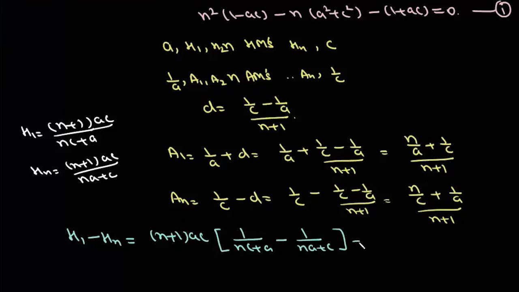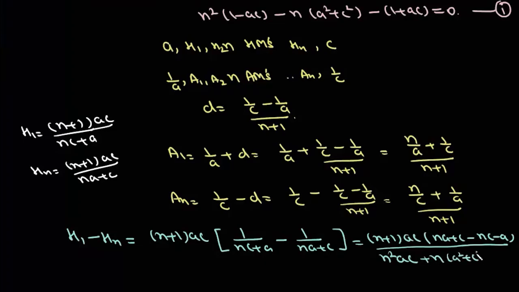Now if we take LCM, we can write n plus 1 ac and here it will be na plus c minus nc minus a upon, and this is n square ac plus n a square plus c square plus ac.